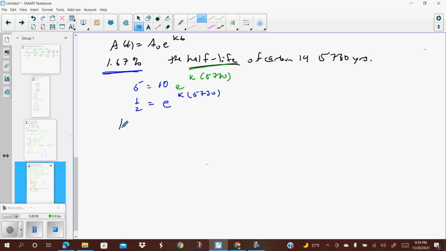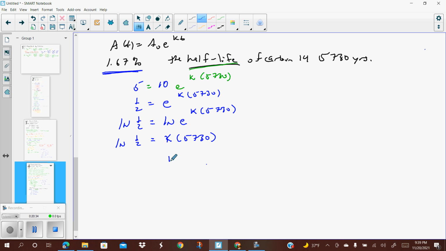So it'll be the natural log on both sides, so the natural log of a half equals the natural log of e to the k times 5,730. The left side stays the same. The right side, bring the k times 5,730 out to the front. Natural log of e is 1, so what we end up with over here is k times 5,730.